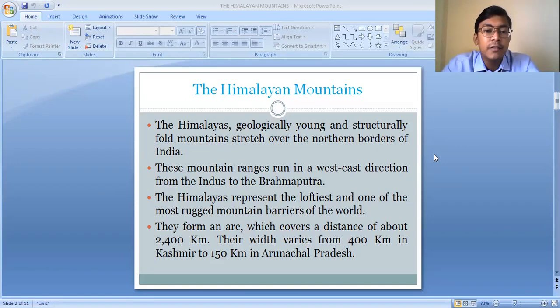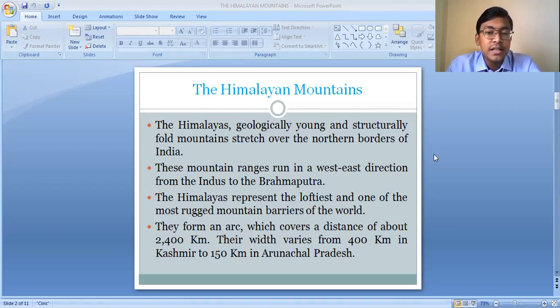In the western part, like in the states of Jammu and Kashmir, Himachal Pradesh and Uttarakhand, the width of the Himalayas is higher. Here the average width is around 400 kilometers. As we move towards the eastern side, towards Arunachal Pradesh, the width goes on reducing, and ultimately in Arunachal Pradesh the average width is 150 kilometers.